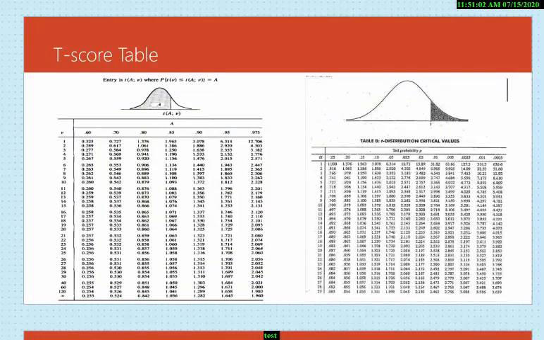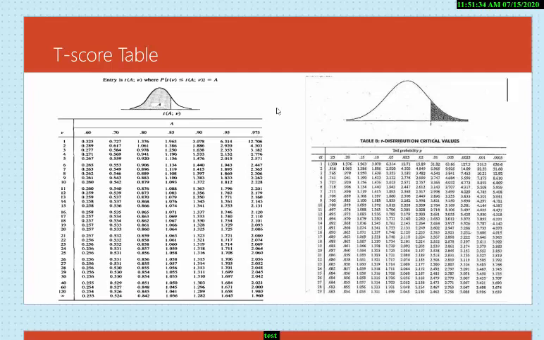Now, also, the way that we read a T-score table is different than the way that we read a Z-score table. The reason is that, as I said, for the normal distribution we have only one curve, so all the probabilities are on the table. When we work with a T-score table, it's as if we work with 5, 6, 7 different normal tables, as many as columns.